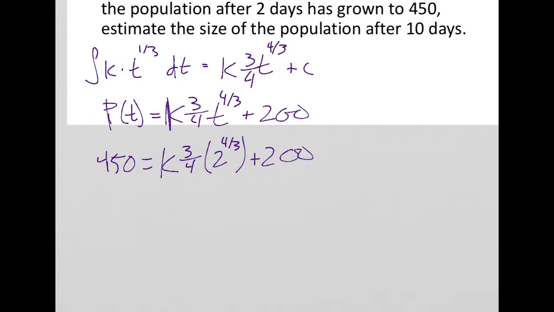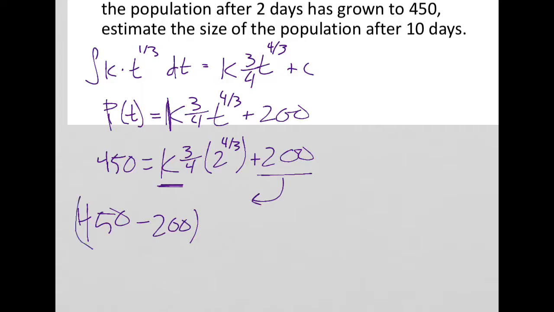So what am I going to do? Well, I'm going to take 450. Notice I have that 3/4 on the other side, so I'm going to multiply by 4/3 to undo that. Oh, sorry, I'm lying, doing bad things. If I'm solving this for k, first thing I should do is subtract that 200 over. So I'm going to get 450 minus 200. It's going to be my first thing.